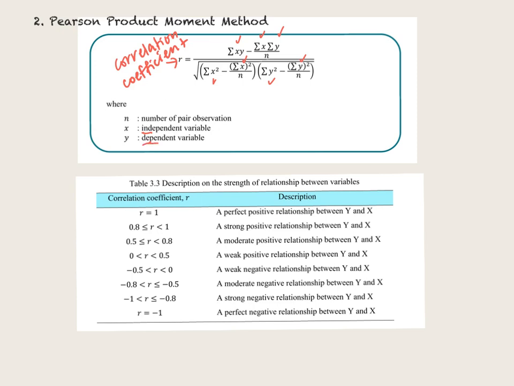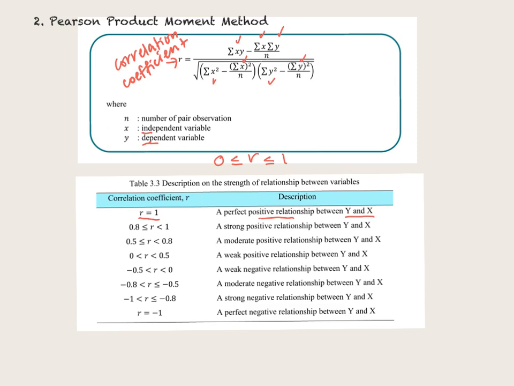And then after you calculate the value, the value of r will be between a lower limit of -1 and an upper limit of 1. So if you get the value r equal to 1, we need to give an interpretation of the relationship: there is a perfect positive relationship between x and y.